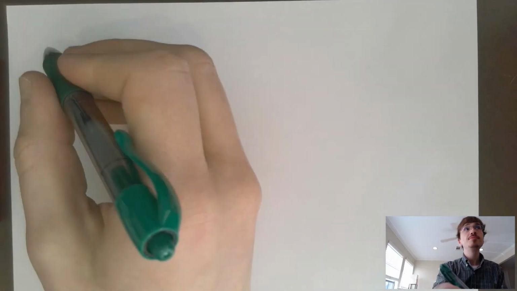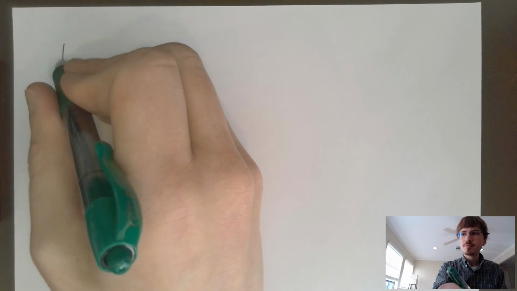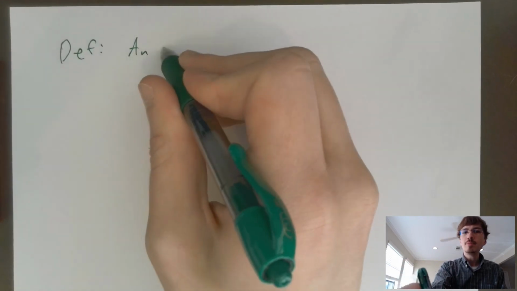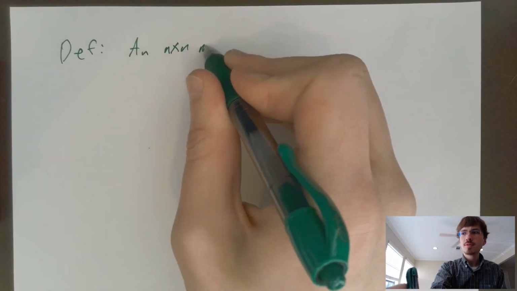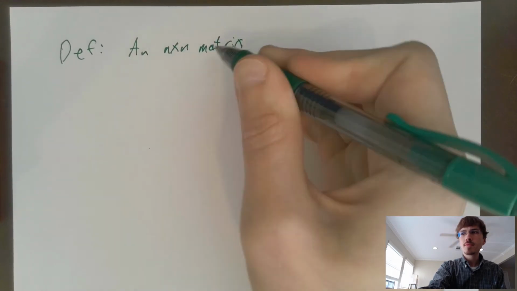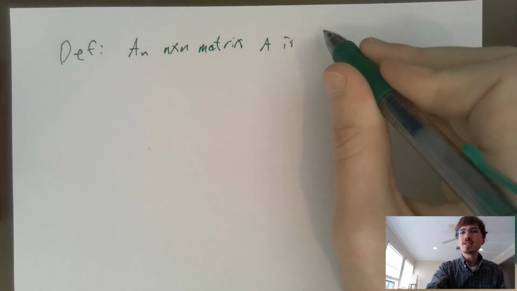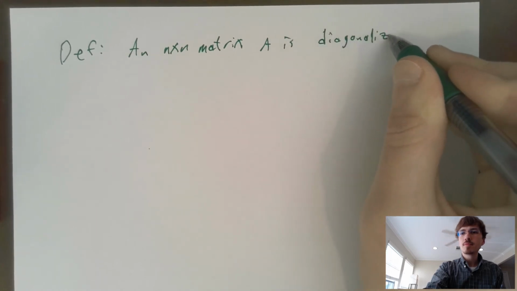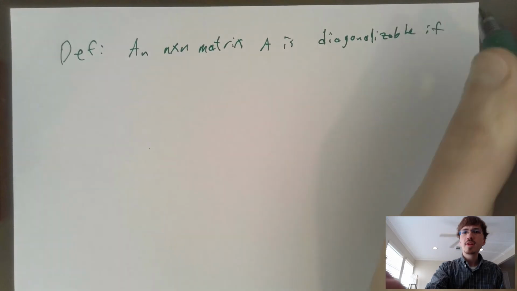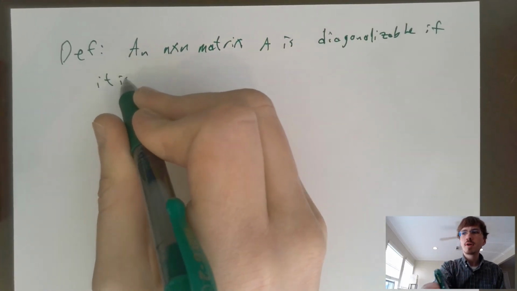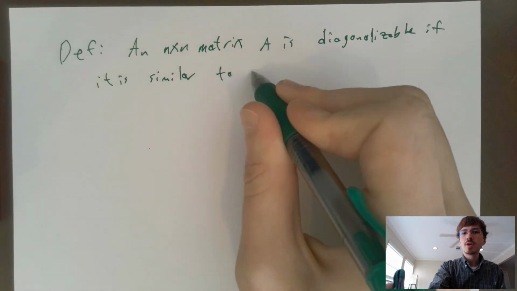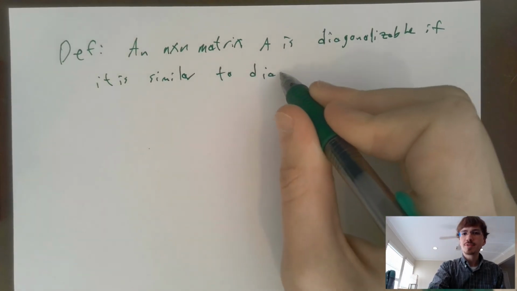So let's talk about what it means to be diagonalizable. An n by n matrix is diagonalizable if it is similar to a diagonal matrix.